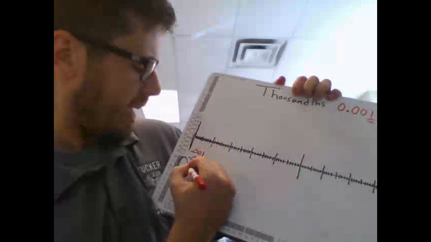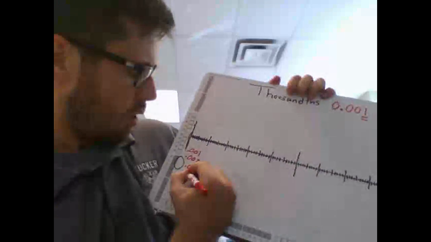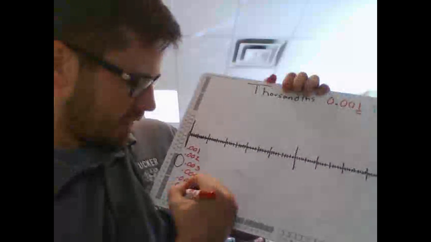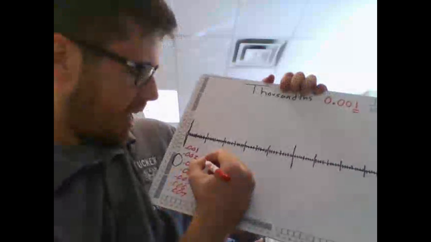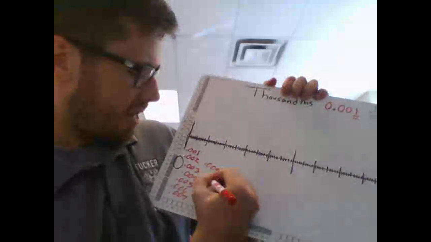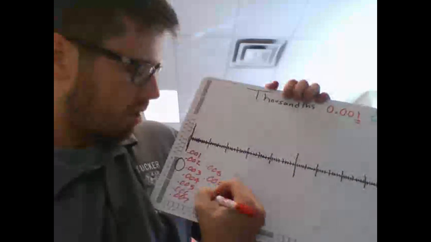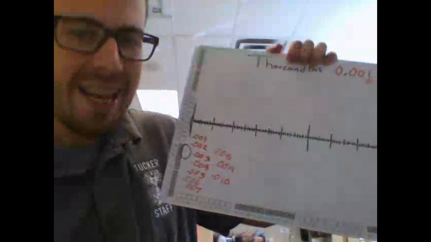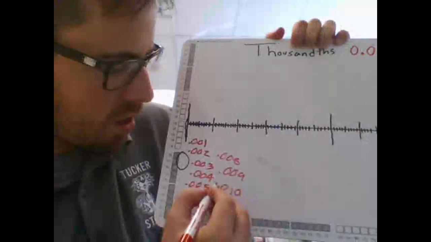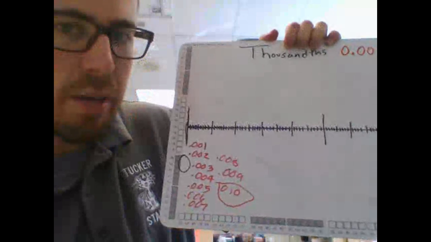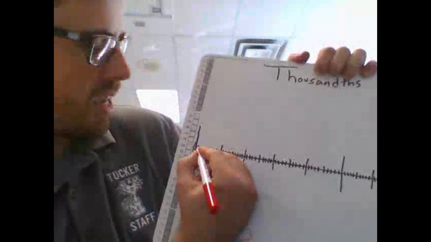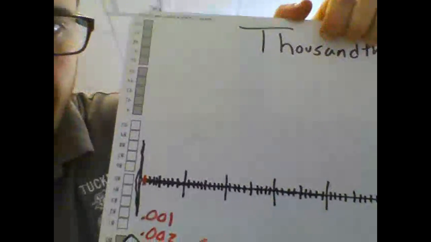We've got 2/1000ths. We've got 3/1000ths. We've got 4/1000ths, 5/1000ths, 6/1000ths, 7/1000ths, 8/1000ths, 9/1000ths. Oh my goodness, we are only up to 10/1000ths, which is the same thing as 1/100th, which means we're only to that little line right there.